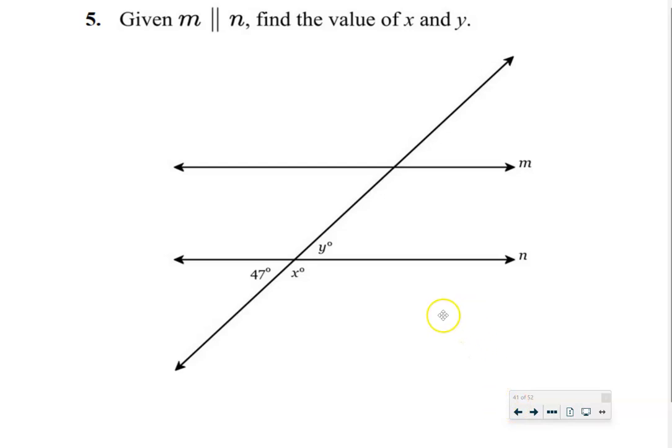Here it's a little tricky. You got to find y and x, and none of these are one of the angle pairs we talked about, but the acute obtuse still holds true. So see if you can figure out how much y and x is.